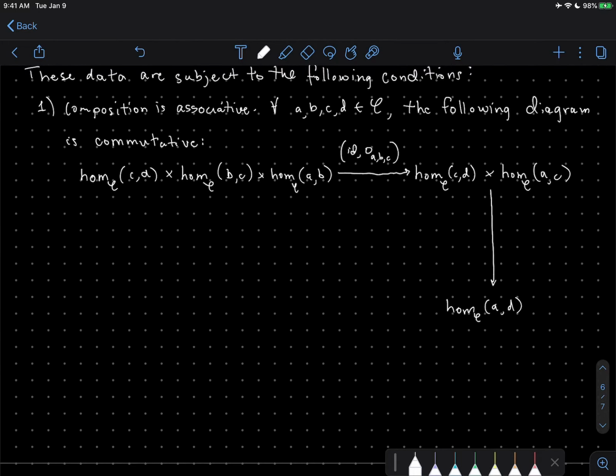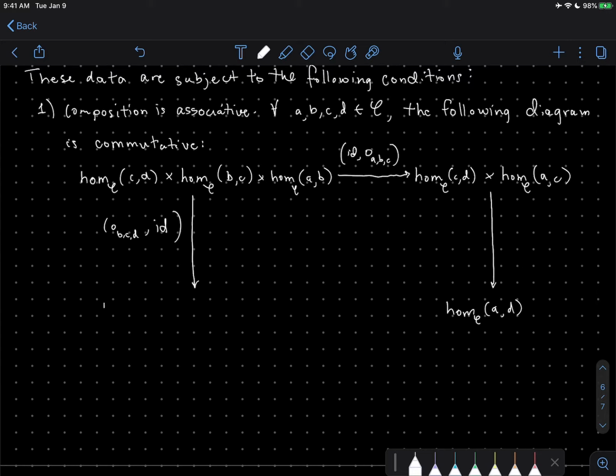And on the other side, we could compose these 2 and have that act as the identity. So this will give us a map called circ sub B, C, D, comma, the identity.